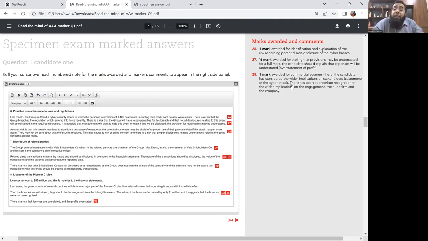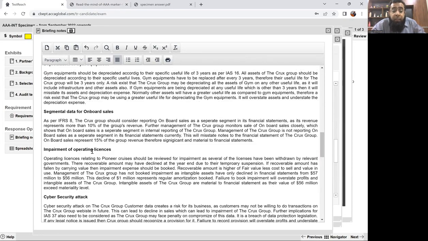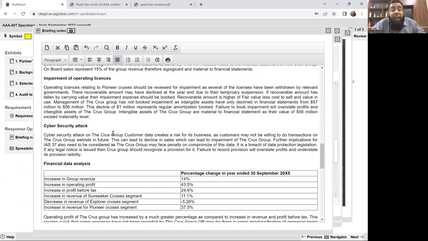If you remember, we discussed this risk in detail when we were drafting it in the previous class. The cybersecurity attack on the Crux Group consumer data creates a risk relating to its business. The customers may not be willing to do transactions on the Crux Group website in future. This can lead to decline in sales, which can lead to impairment of Crux Group assets.